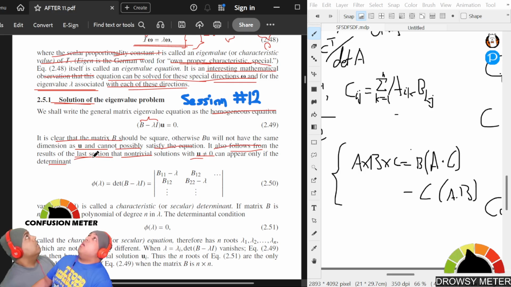It follows that non-trivial solutions with U not being 0 can appear only if the determinant vanishes. Phi of lambda is called the characteristic or secular determinant. If matrix B is n by n, phi of lambda is a polynomial of degree n in lambda.